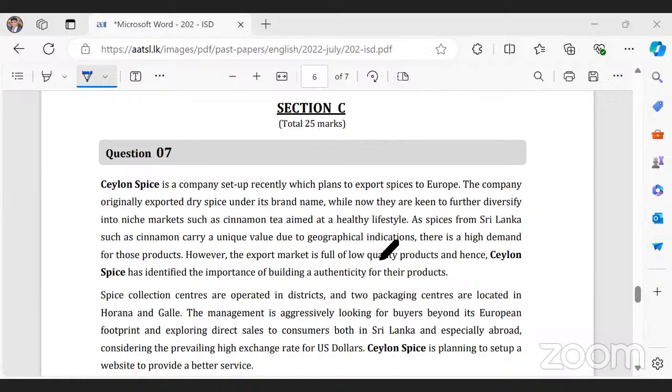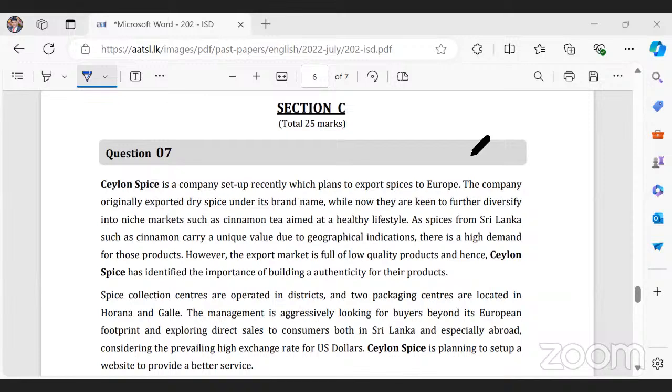Ceylon Spice is a company set up recently with plans to export spices to Europe. The company originally exported dry spices under its brand name, while now they are keen on further diversifying into niche markets such as cinnamon tea aimed at a healthy lifestyle.